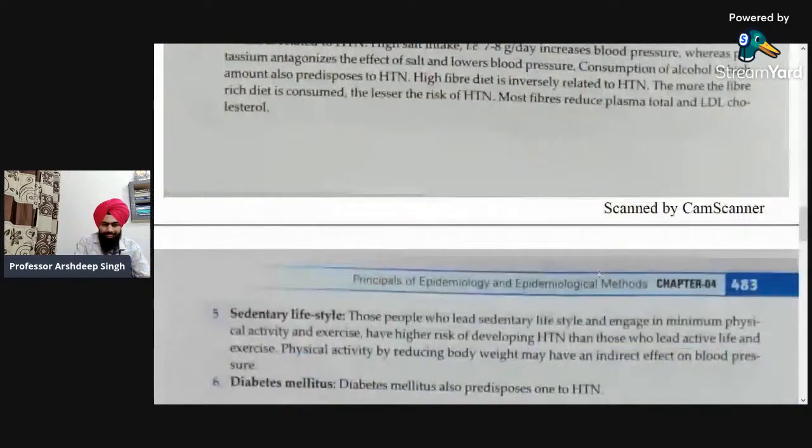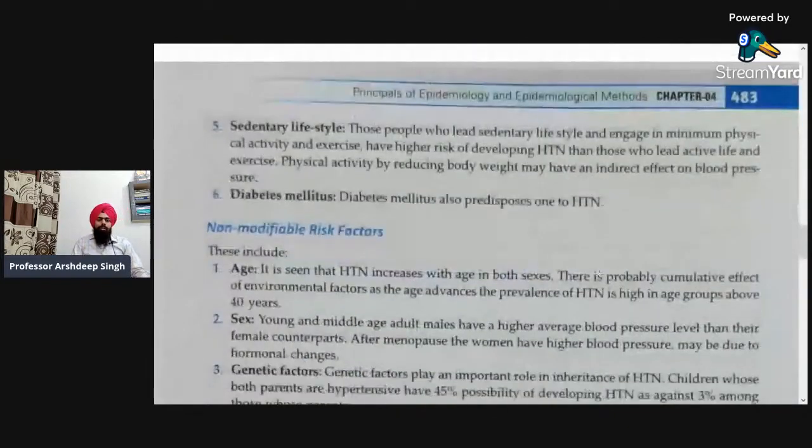Next is sedentary lifestyle. Those people who lead a sedentary lifestyle and engage in minimum physical activity and exercise have a higher risk of developing hypertension than those who lead an active life and exercise. So it is obvious that if you have less physical mobility, you don't do exercises, you don't move, and you just live a comfortable life.